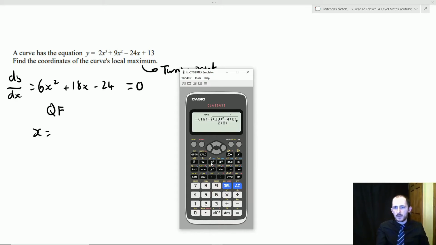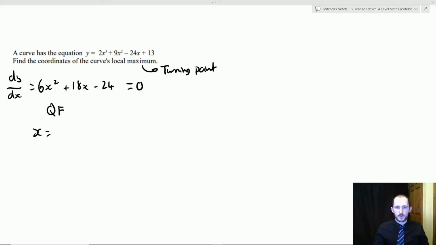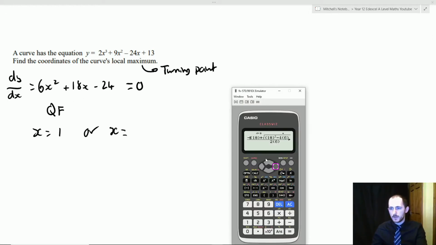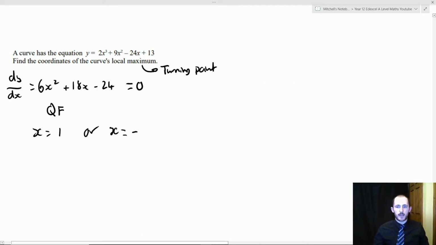So, well, that's anticlimactic. We get x equals 1, or x equals minus 4. So now the question becomes, which one of these is going to be a maxima and which one's going to be a minima?